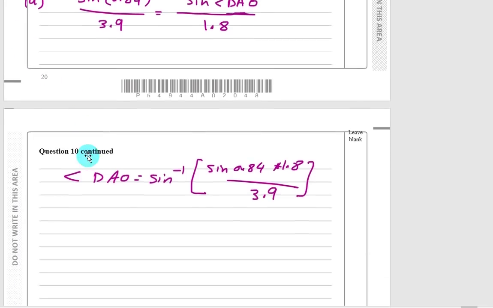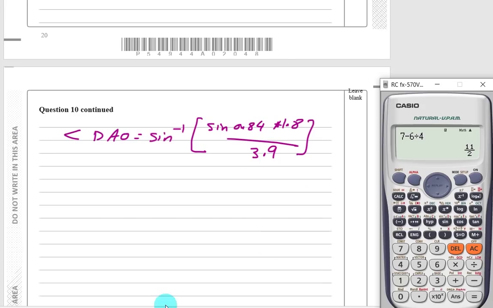Let us find this value and check that your calculator is in radian mode. So for radian, shift sine minus 1. Now sine 0.84, close the bracket, times 1.8 divided by 3.9.